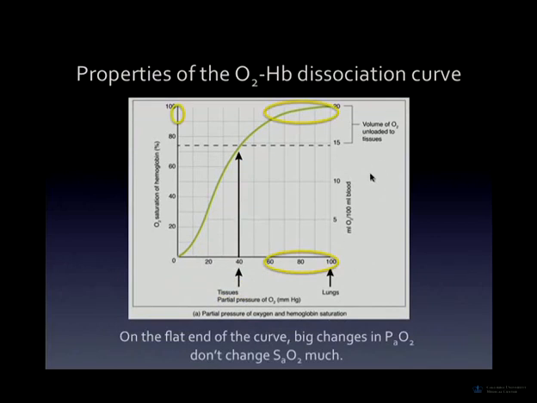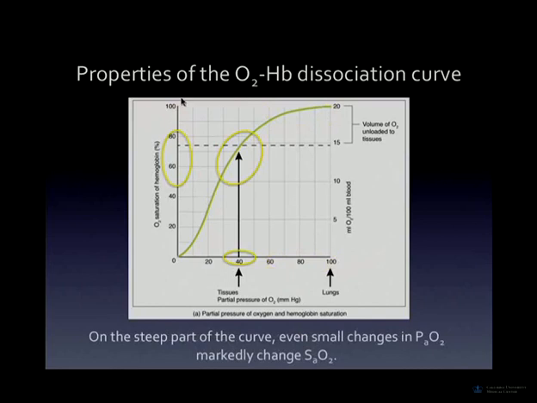The other interesting thing about this curve is up here on the flat end, you can move PaO2 a lot. You can drop PaO2 all the way from 100 down to 60, and you drop oxygen saturation only a little bit. So here you have a 40-point drop in PaO2 with only a 10% drop in oxygen saturation. If you move down the curve to the steeper part, even small changes in PaO2 equal bigger changes in SaO2.